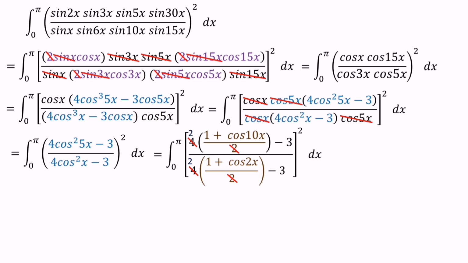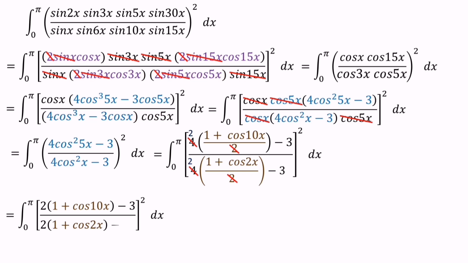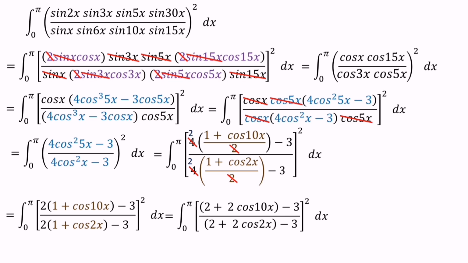After that, we get 2 times 1 plus cos 10x minus 3 over 2 times 1 plus cos 2x minus 3. We can remove the brackets and simplify to get 2 cos 10x minus 1 over 2 cos 2x minus 1, perfect square.